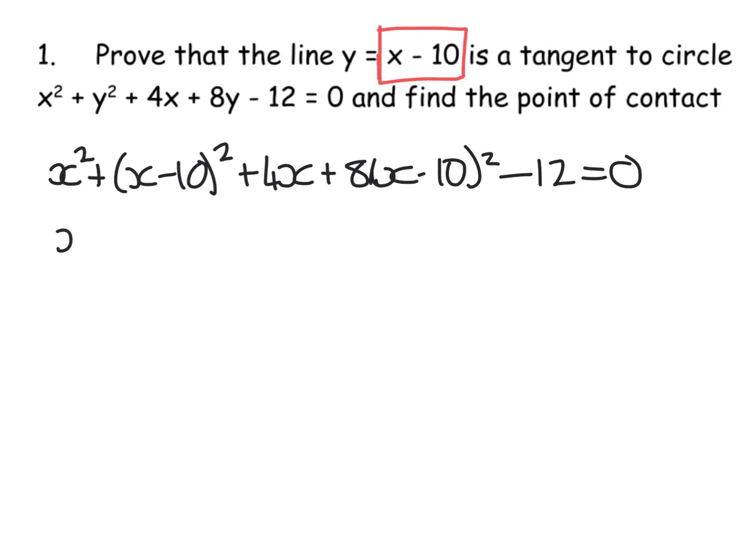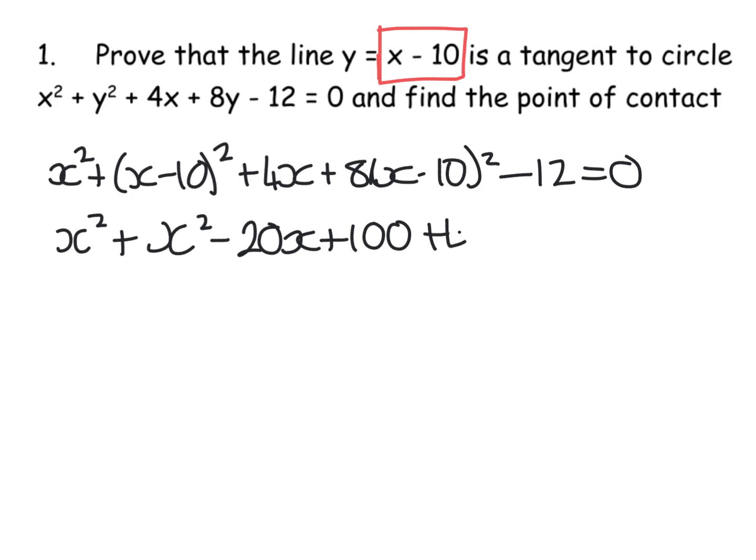Let's expand this out. So x squared plus x squared, take away 10x twice, so take away 20x, plus 100, plus 4x times the bracket out, 8x minus 80. Oh, I've made a wee mistake. I've put a squared in there. That shouldn't be there. Sorry. 8x minus 80 minus 12 equals 0. There we go. Really messy. It's really hard for me to fit this in. I'd be a lot neater if I was doing it on a page.